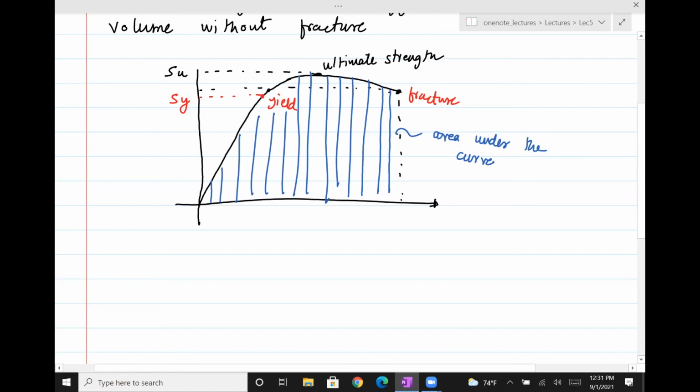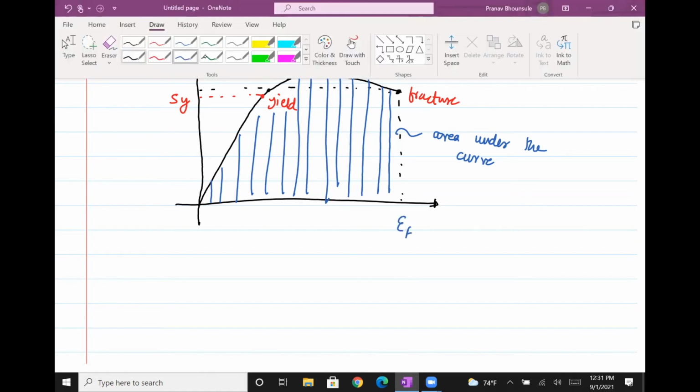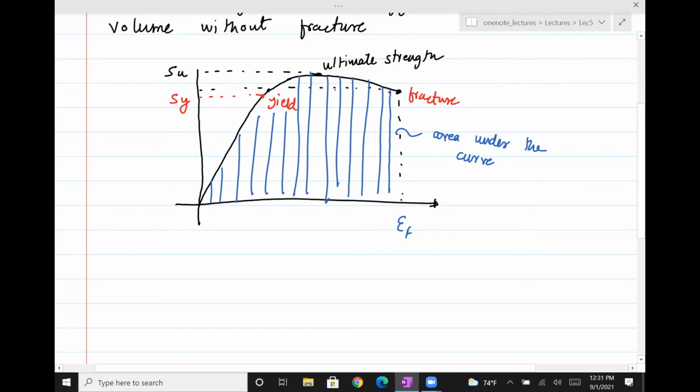Here we make another assumption: in order to find this area, we take the average of these two values, SU and SY. So let's say that is about here, half of SU plus SY.